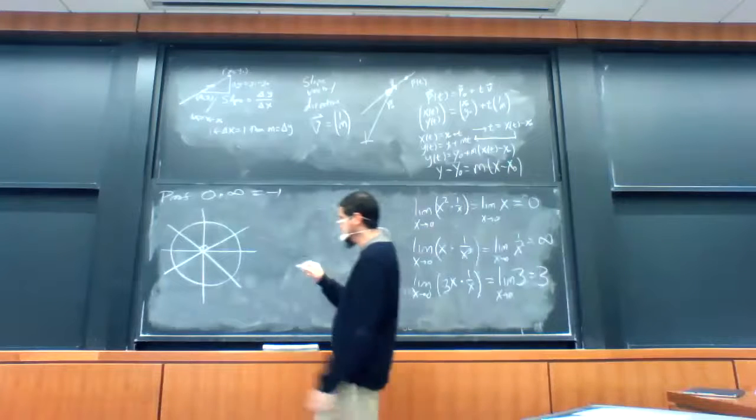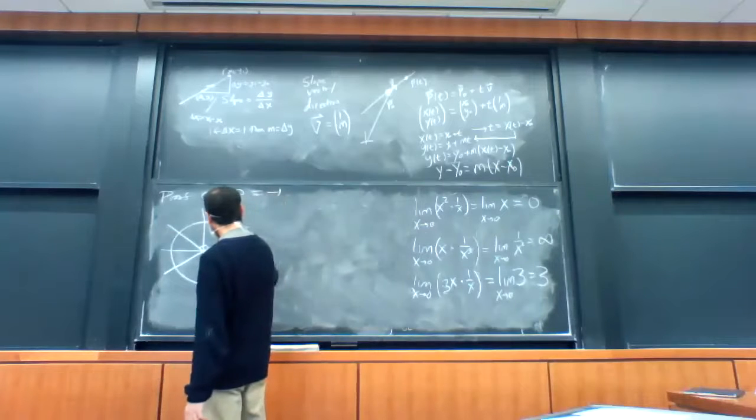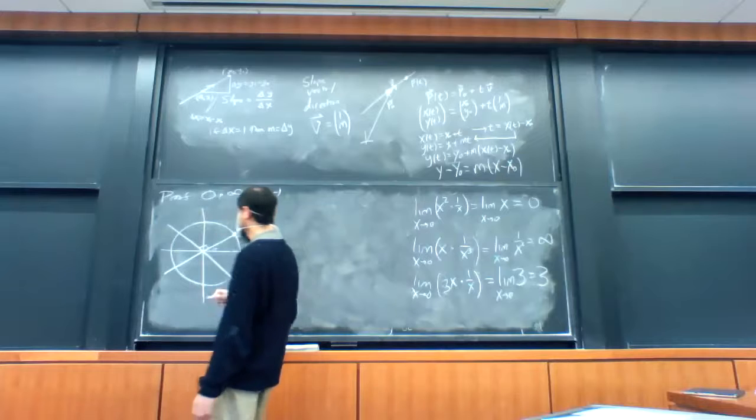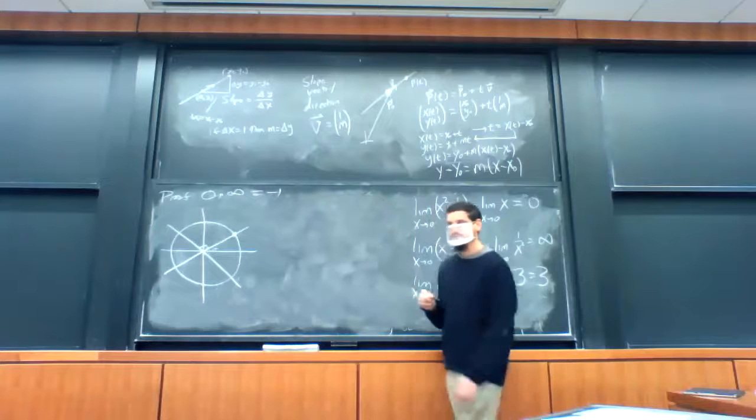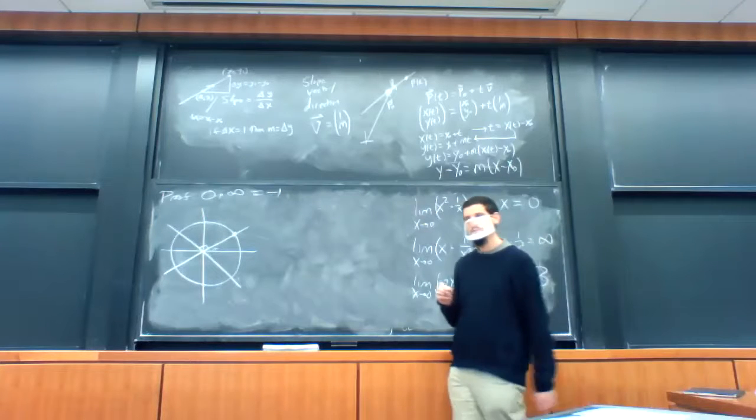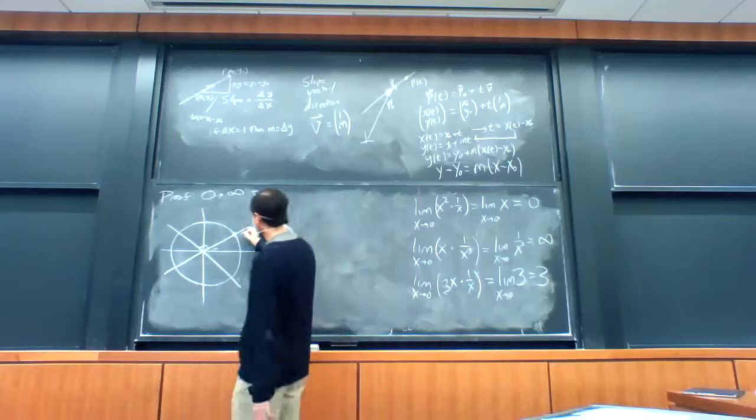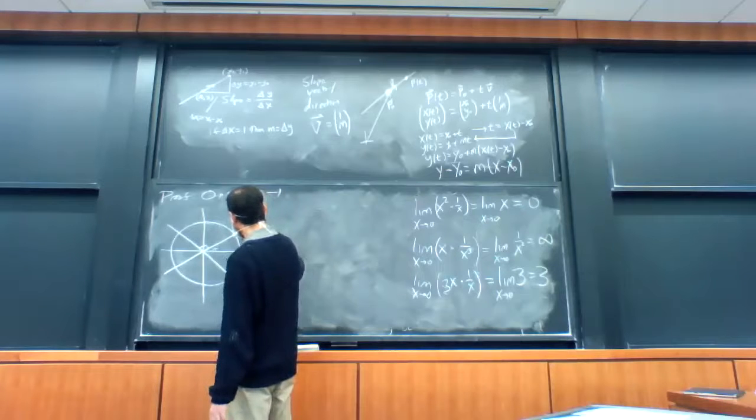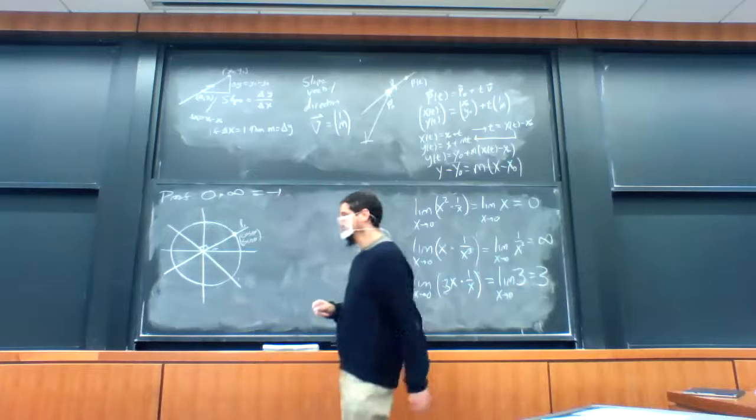And now by doing that, if this is an angle theta, what are the coordinates of this point over here? Cosine theta, sine theta. And so that's my first line, line 1.